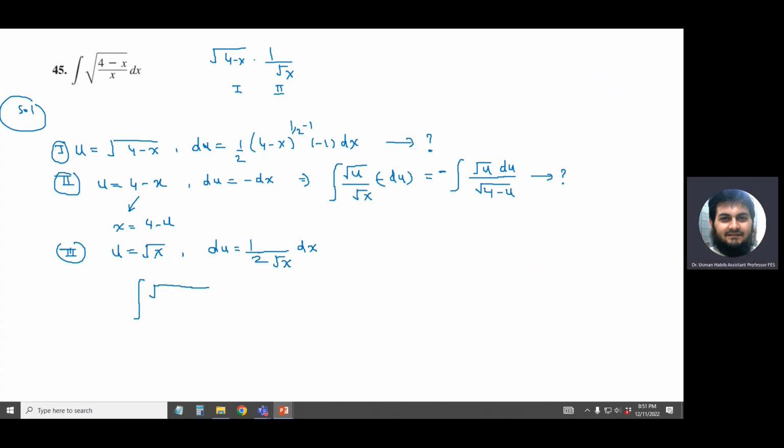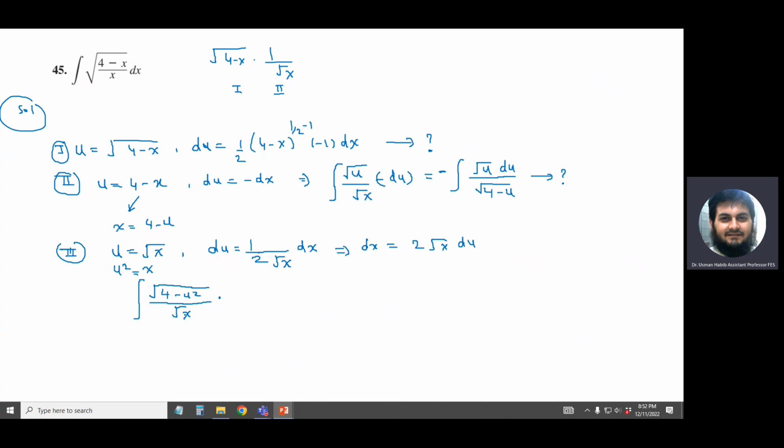If u equals root x, then u square will be equal to x, right? So 4 minus u square, divided by the square root of x, and dx from here becomes 2 root x into du.